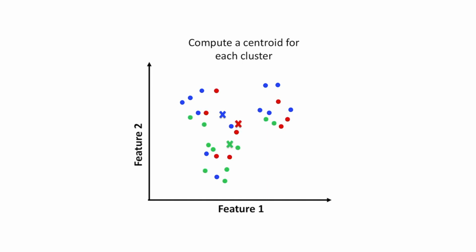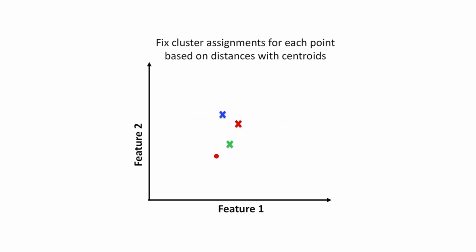Now all the clusters, red cluster, blue cluster, and green cluster, all these clusters have the centroids. These centroids are marked here. And when we have the centroids, we have to check whether for every point the cluster assignment remained the same as before.